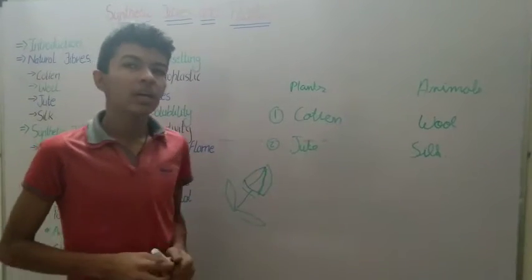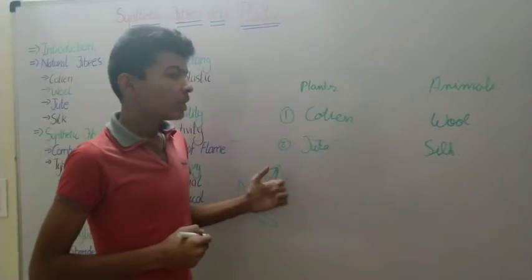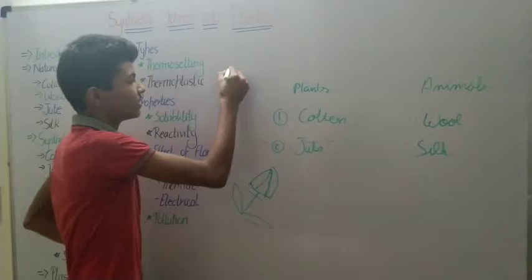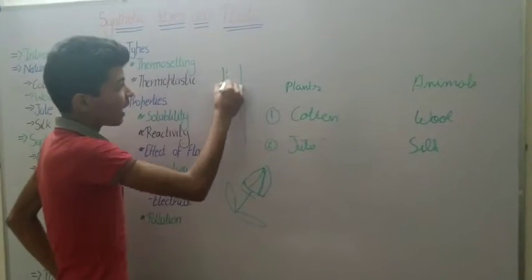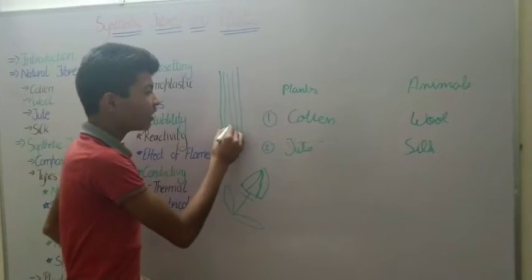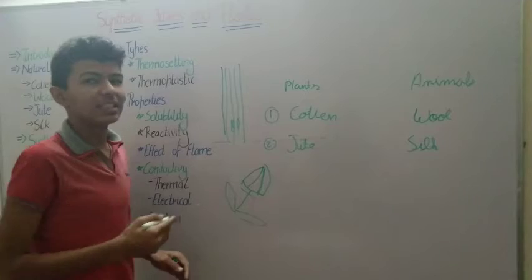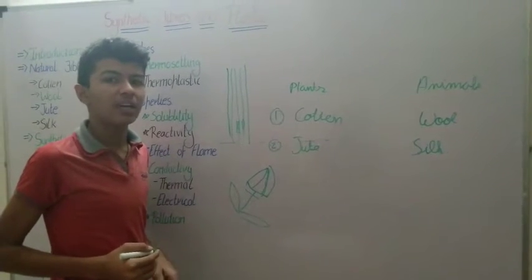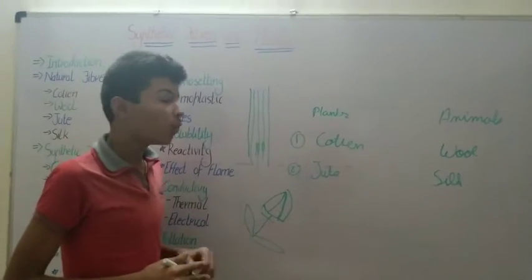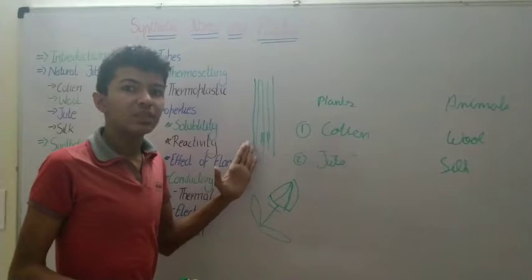Jute is obtained from the stem of the plant. The stems are tightly packed bundles, and they have resin inside. To remove the resin, the stems are first soaked in water, and then the fibers are collected.